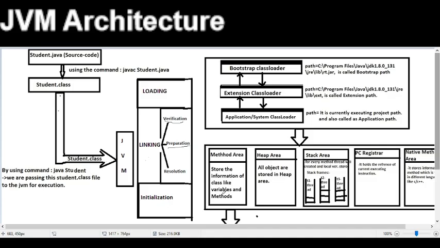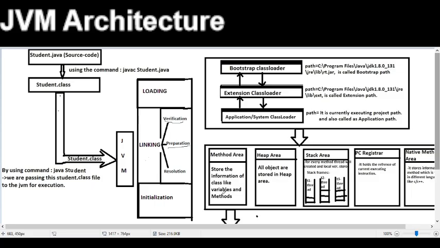While loading the .class files by the bootstrap class loader, those files will be loaded into the method area. Inside the method area, class level information will be there, like the name of the class, how many constructors are there, which types of instance variables will be there, and static information will be there.